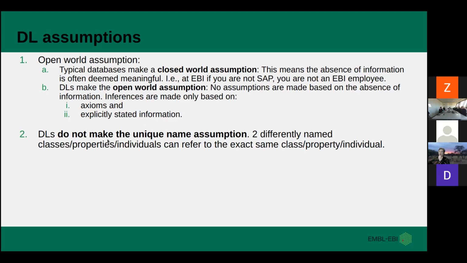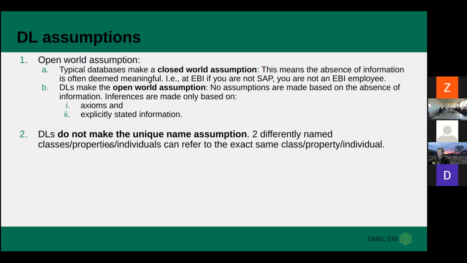Okay, so there are two things that really trip people up when they come to ontologies for the first time, in description logics specifically. And that is this whole open world assumption thing. I think the first thing to notice is that we struggle with this largely because so much of our world, we think in terms of closed world.